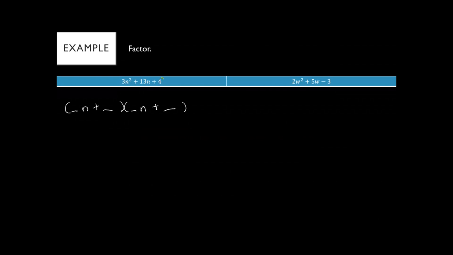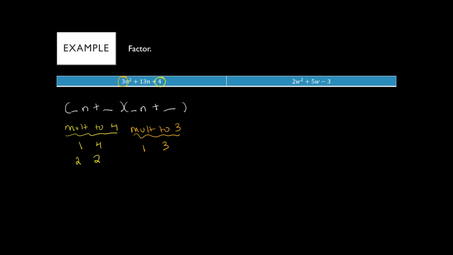So first, we've got the numbers that multiply to 4. So I'm going to write down those numbers. 1 times 4, 2 times 2. I also need to multiply to 3. So I'm going to write down those numbers.